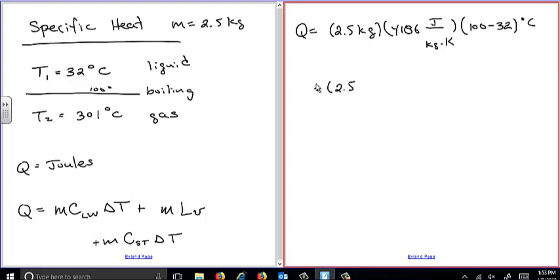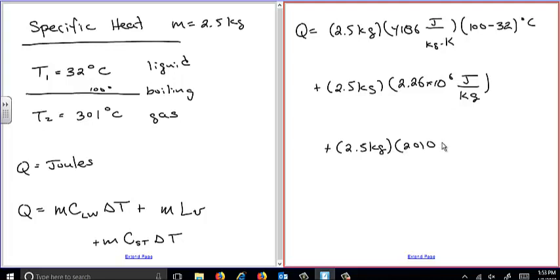Then you've got the same mass times the latent heat of vaporization, which is 2.26 times 10 to the 6th joules per kilogram. And then finally, same mass, 2.5 kilograms times the specific heat for steam, which is 2010 joules per kilogram Kelvin.